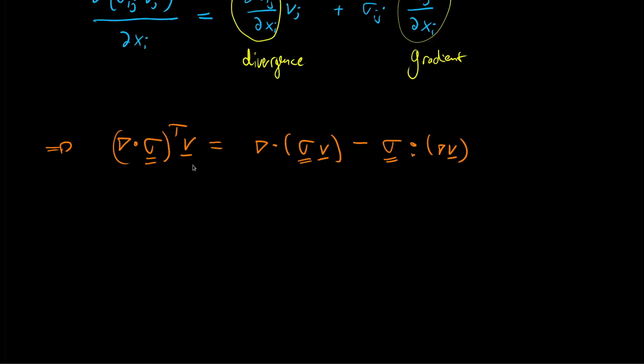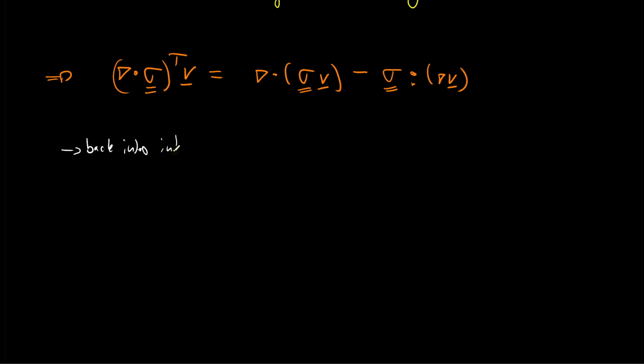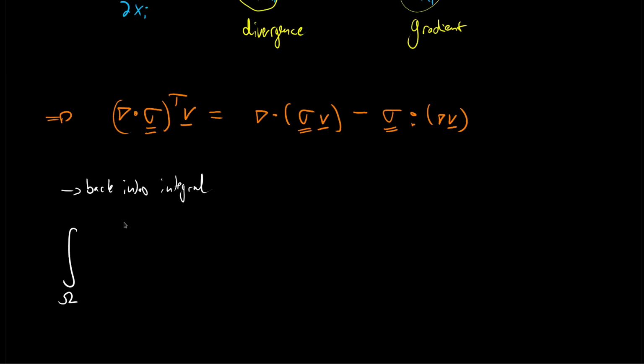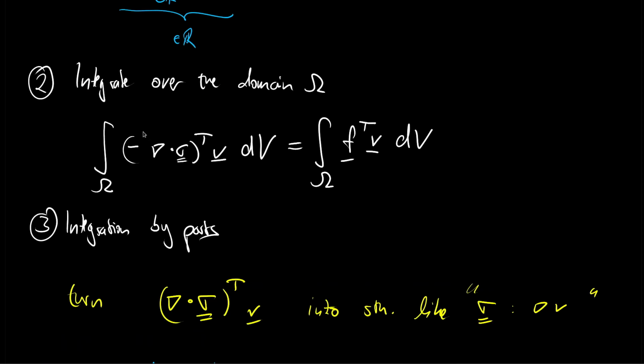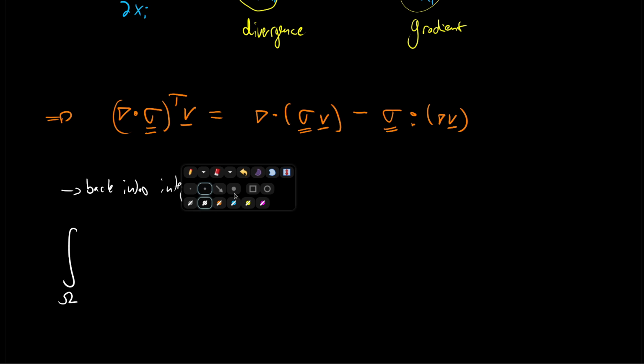So back into the integral, so let me note that down, back into the integral. We then get on the left-hand side of the equation our integration over omega with first this expression. And we have to be a little bit careful because there was a negative sign here, which we did not consider in our derivation. So let me add that one here. We had a negative sign, which gives us a negative sign here and a positive sign here.